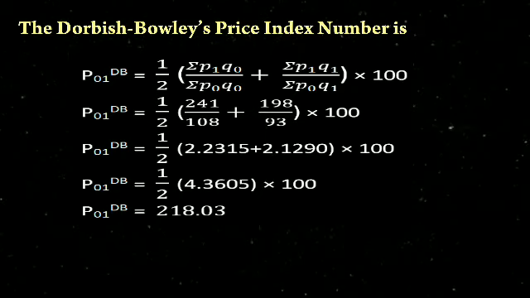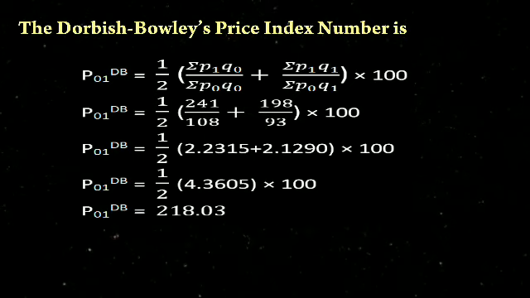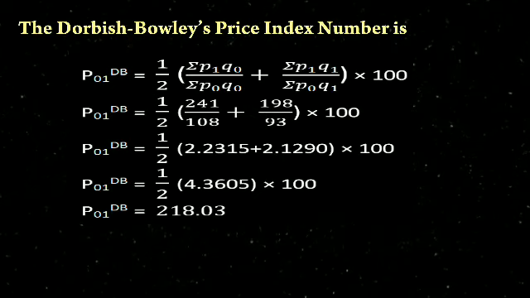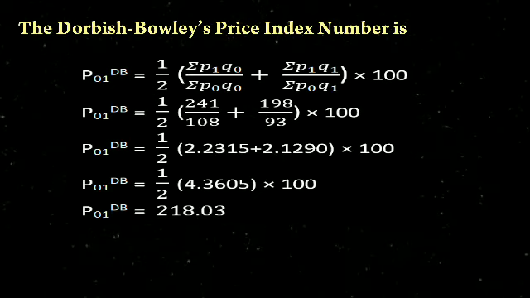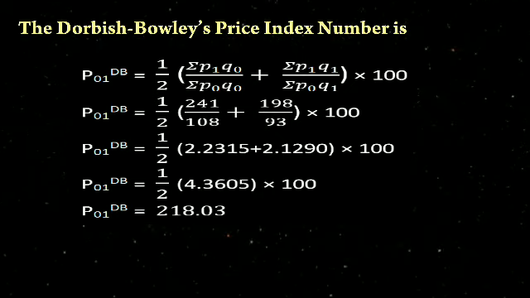But here, since it is not computed, use the notations and get the index number. So half into Laspeyre index number, sigma P1 Q0 divided by sigma P0 Q0, plus Paasche, sigma P1 Q1 divided by sigma P0 Q1, and multiplied by 100.